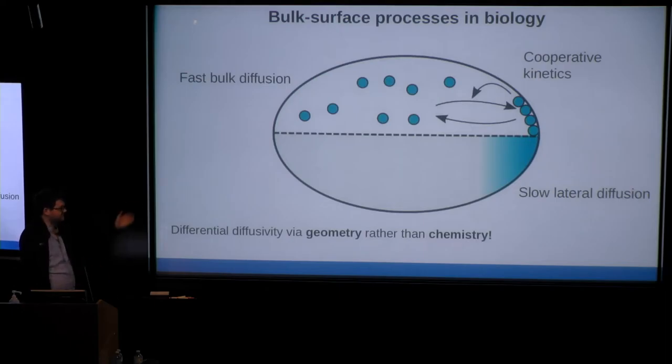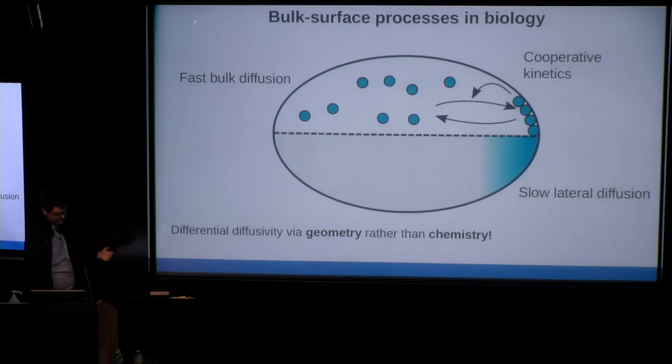So you can imagine a cell, and you can imagine just one chemical that's moving throughout the cell, say some protein of relevance to some signaling process. That protein can be either in the bulk of the cell, floating around the cytosol, or down at the surface, the cell membrane.